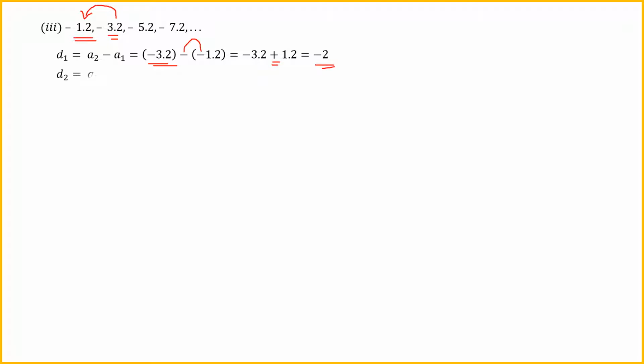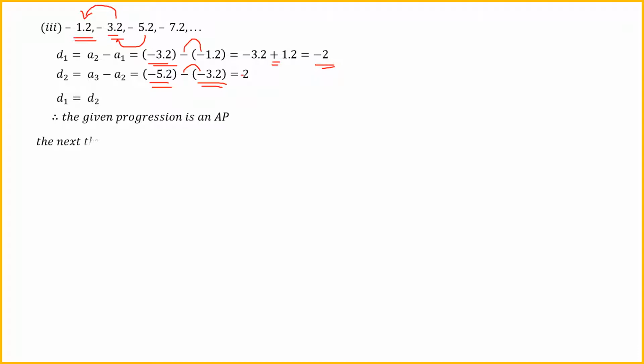To find d2, it's term 3 minus term 2, minus 5.2 minus of minus 3.2, where minus into minus is plus, and your answer is minus 2. d1 is equal to d2, therefore the given progression is an arithmetic progression.